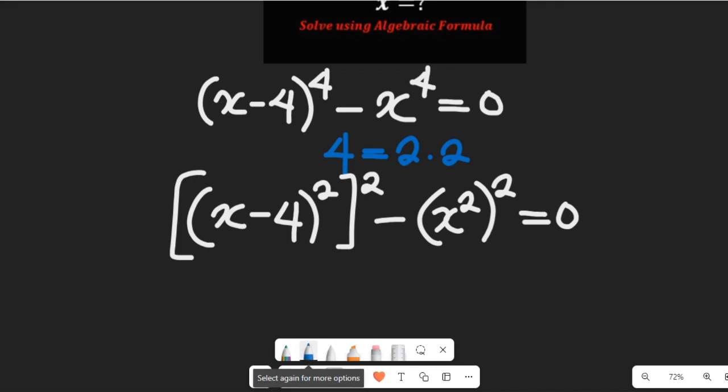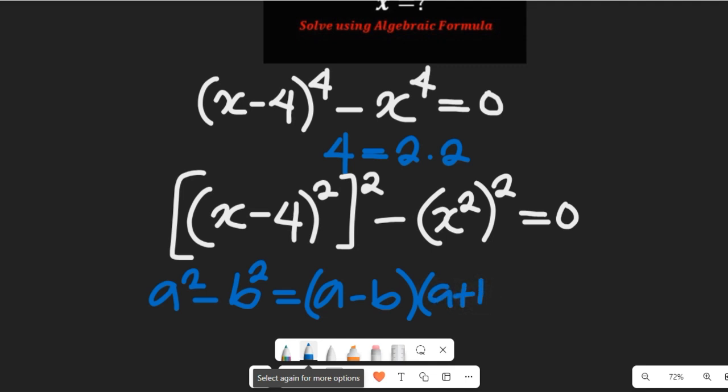If we apply an algebraic expression, we should recall that we have a squared minus b squared. This will be equal to the difference of two squares, (a minus b) multiplied by (a plus b).